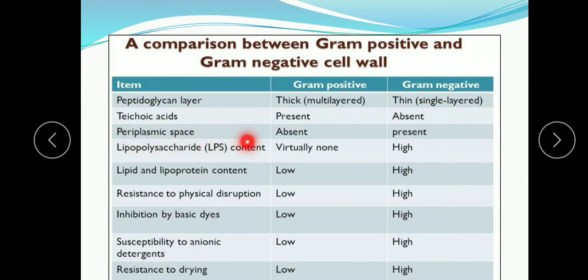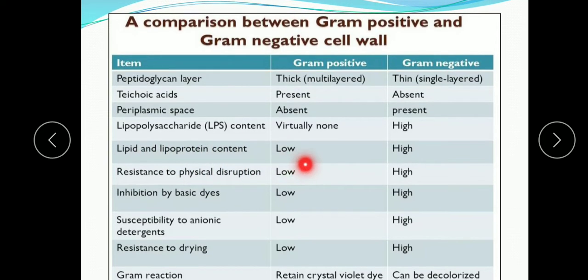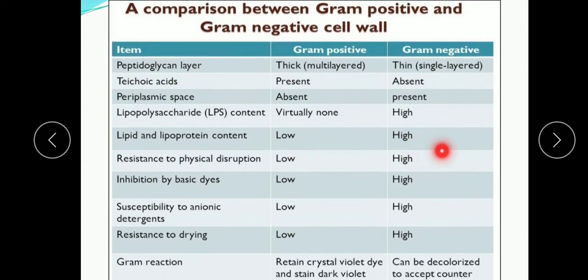Periplasmic space is absent in the gram positive bacteria but present in the gram negative bacteria. Lipopolysaccharide, LPS content, is virtually none in gram positive, and very high in the gram negative bacteria. Lipid and lipoprotein content in the cell wall is very low in gram positive but high in gram negative.